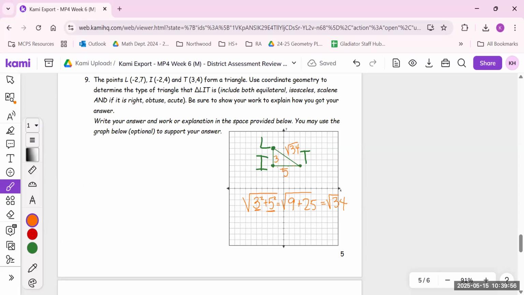So this is a scalene triangle, because my sides are all different.